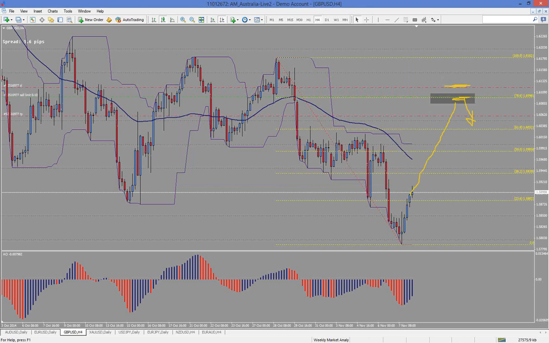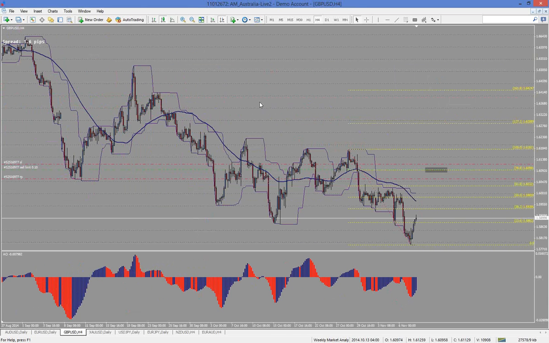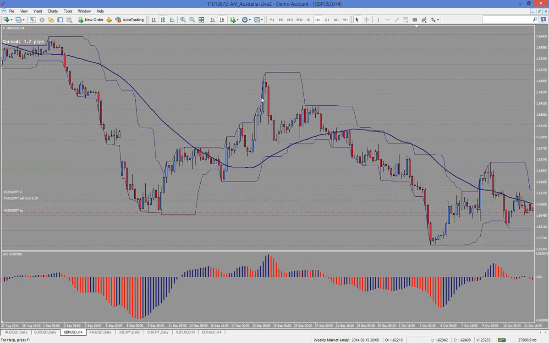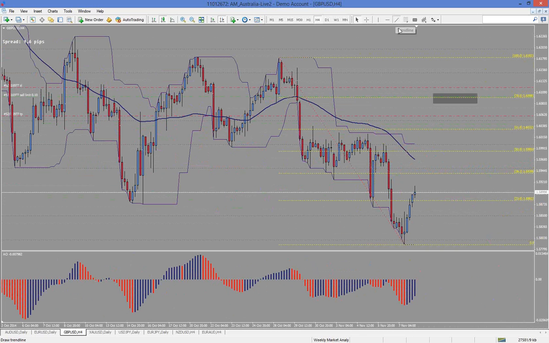Anything else that we can see on the GBP USD? Help me out. Does anybody see anything else that I can analyze? I just saw something, just bear with me. There's a couple of things that interest me here.